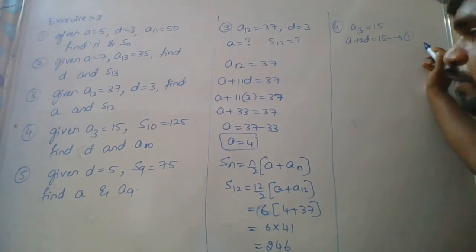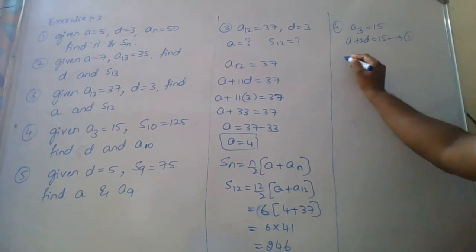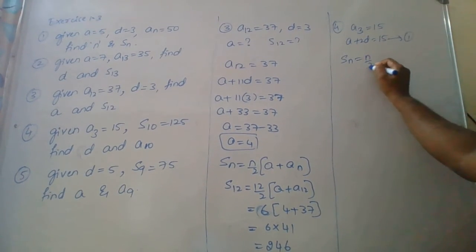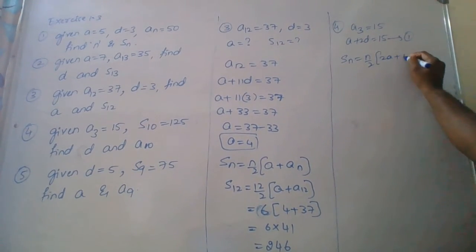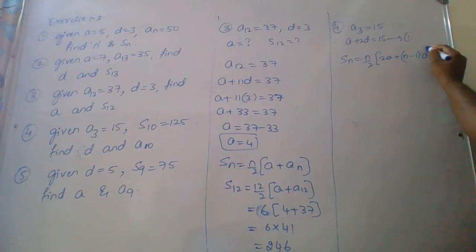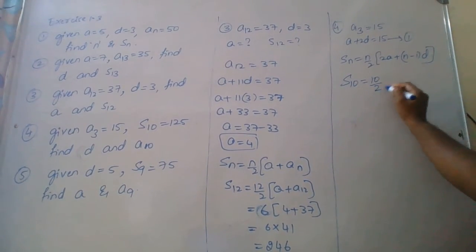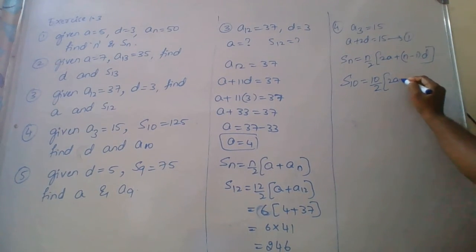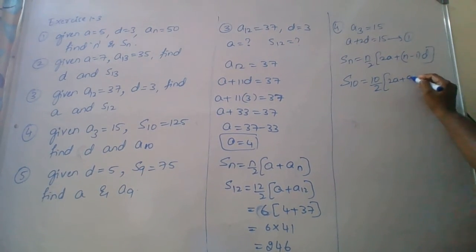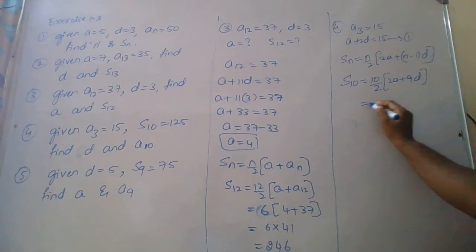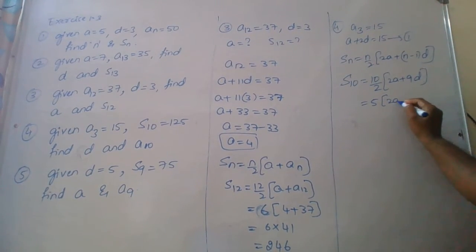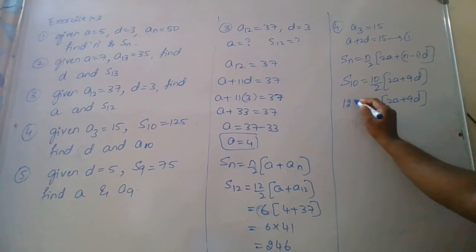Equation 1. Next, S10. So let's first write the Sn formula: n by 2 into 2a plus n minus 1 into d. That is the Sn formula. But let's take S10 since it is given. 10 by 2 into 2a plus, n is 10, 10 minus 1 is 9d. 10 by 2 is 5 into 2a plus 9d. S10 is given as 125.